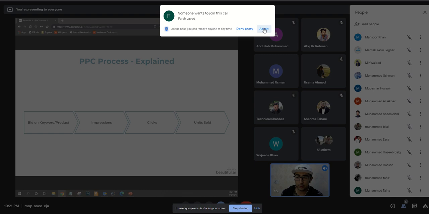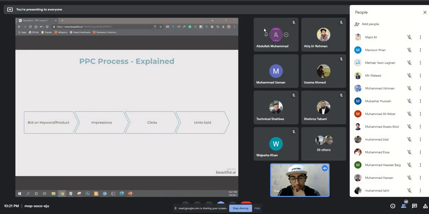This is the difference between impressions and clicks. You bid and then you win an impression. We will study in much more detail how bids are connected to impressions, but for the moment, you target something in PPC. We will see how we will target it. You get impressions. Once you have impressions, then you have clicks. And once you have clicks and if you have a good copy, then you also have units sold as well.